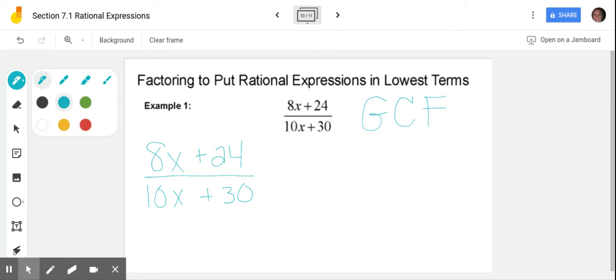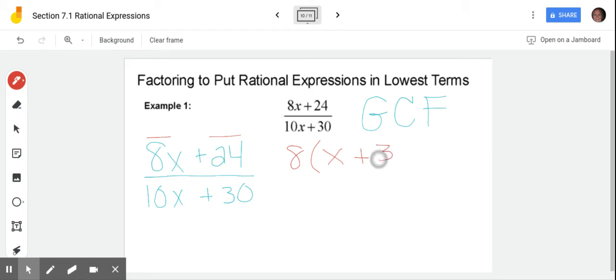So first I'm going to look and see if 8x and 24 have a GCF. They do. It's 8. So I take that out, and I'm left with x plus 3. Then I'm going to look and see, do 10x and 30 have a GCF? They do. It's 10. And I'm left with x plus 3.